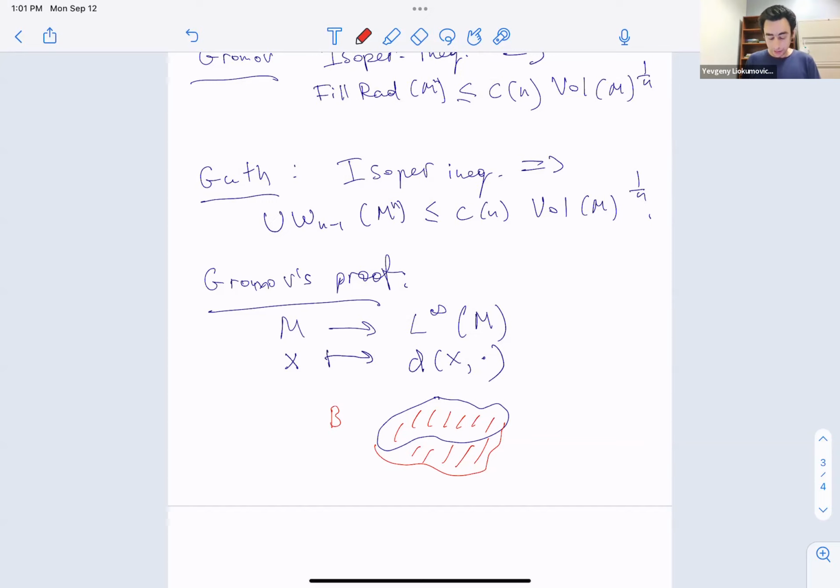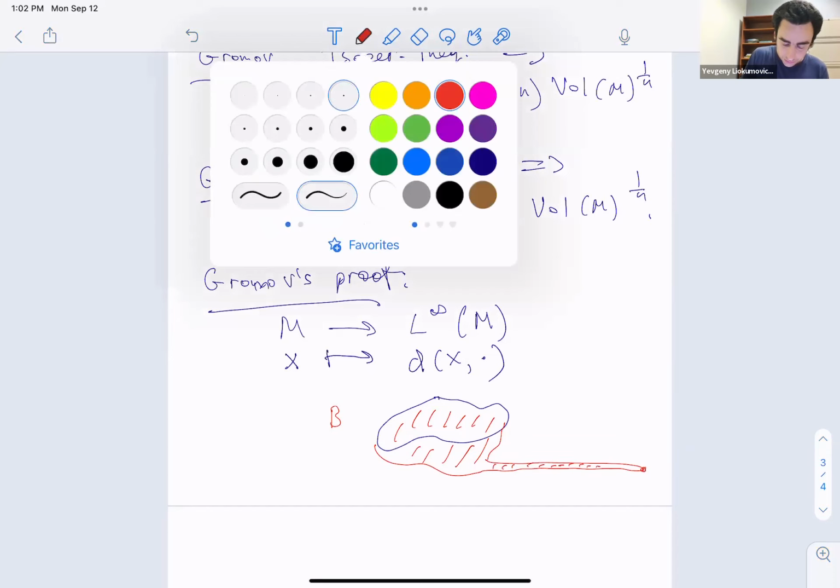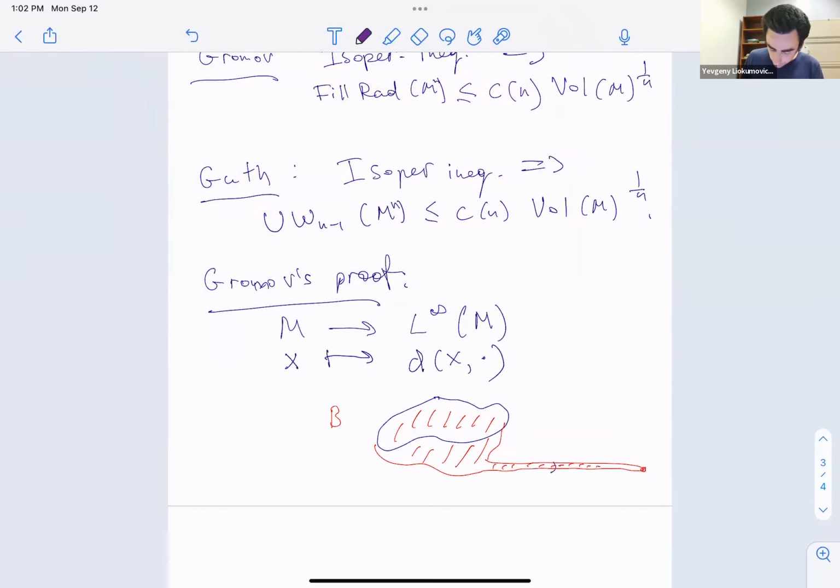And furthermore, the isoperimetric inequality can be used not only to control the volume of the filling, but also how far the filling lies from the boundary. Because if the filling has very long fingers that protrude far away from the boundary, then we can pick this point, which is far away from the boundary, and using the isoperimetric inequality, find small intersections with the geodesic spheres from this point inside this Banach space.